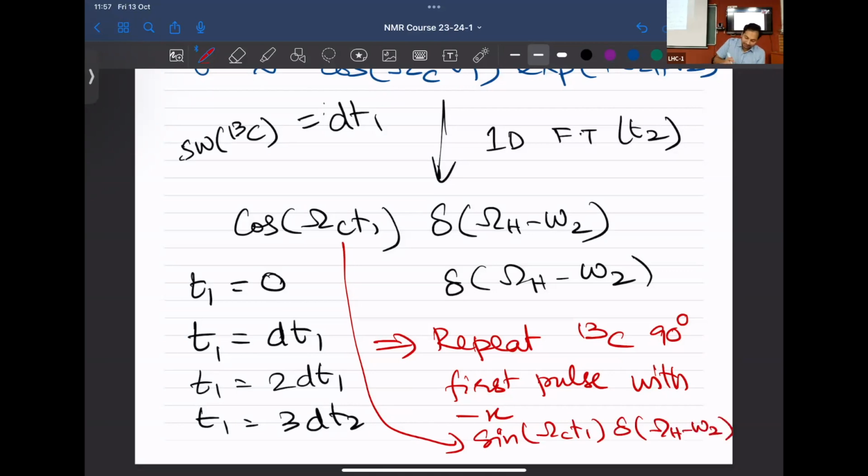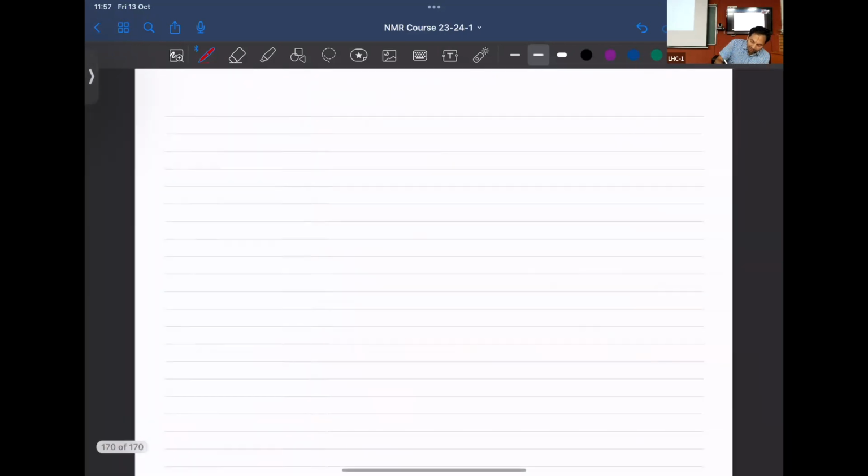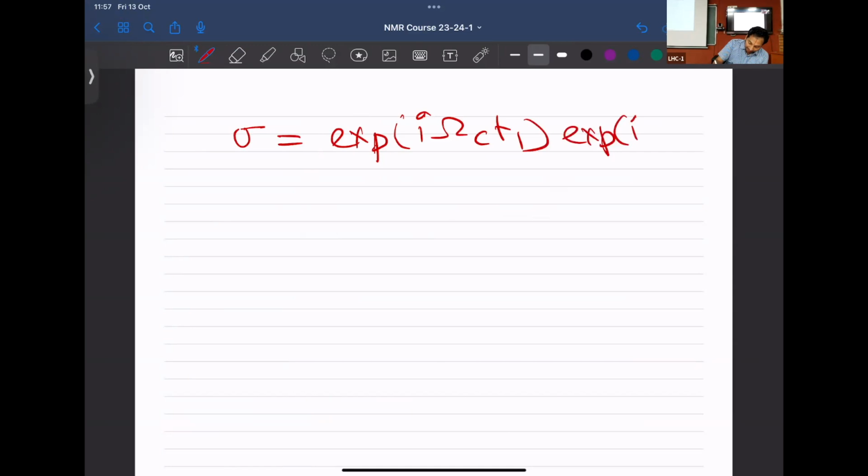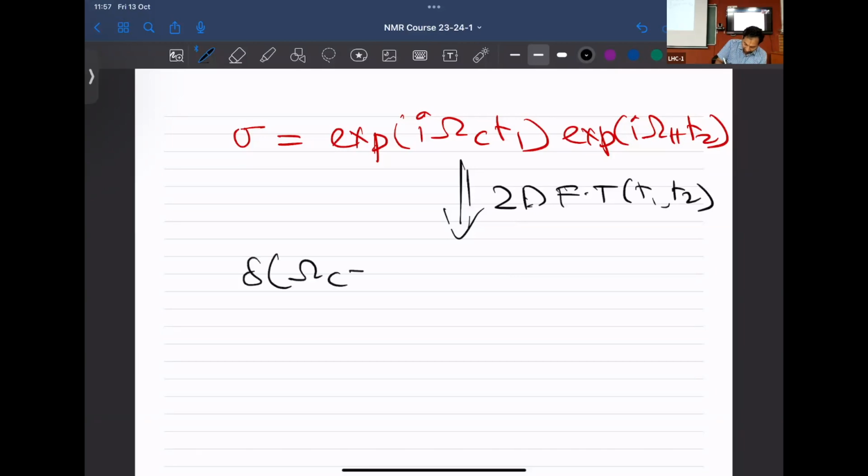The moment you get these two, by their combination you would generate the density matrix, which will be exp(i omega C T1) exp(i omega H t2), which when you two-dimensional Fourier transform will give a Dirac delta function at omega C and a Dirac delta function at omega H, which are convoluted with each other to get the 2D.